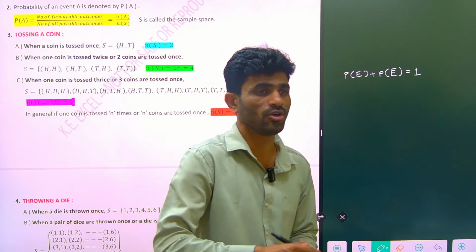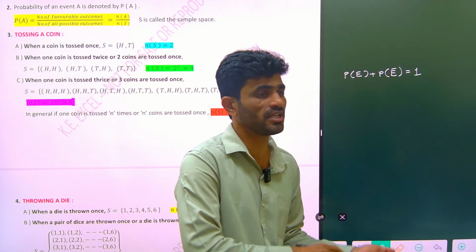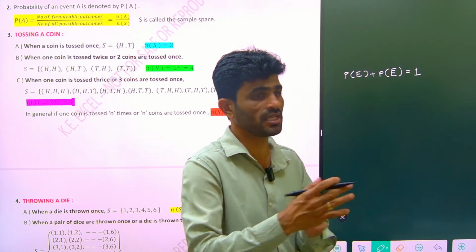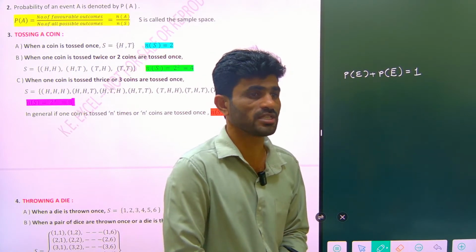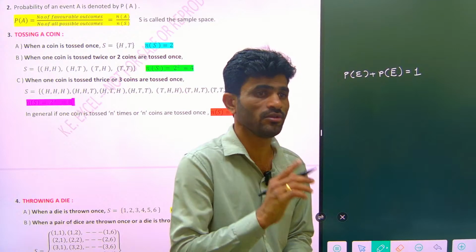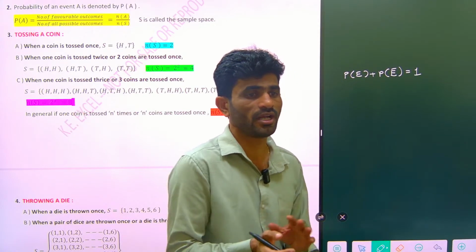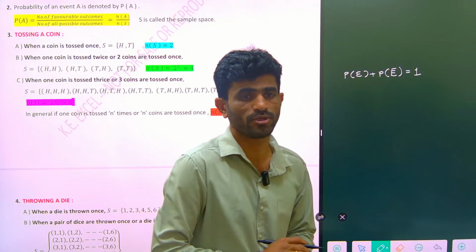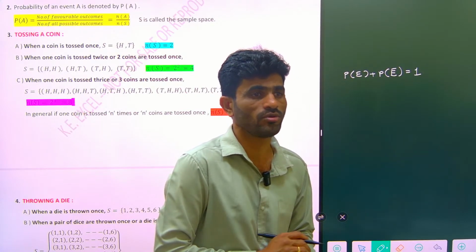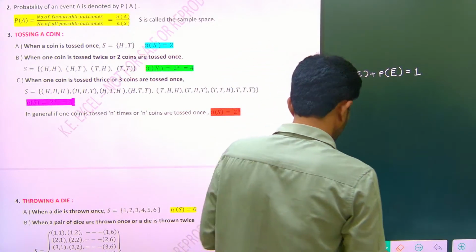Wherever that "not" comes, or wherever the two events are such that one happens, the other will not happen. If one happens, the other will not happen. If it is like that, we can say they are complementary events. The sum of probabilities of complementary events is 1. You have to think whether it is complementary or not. If it is complementary, you can follow that concept. P of E plus P of not E is equal to 1. When you add both, you have to get 1. Okay. This is one type.